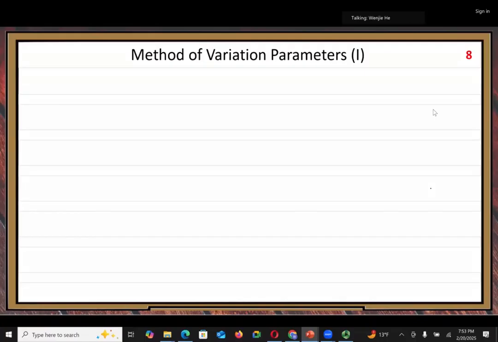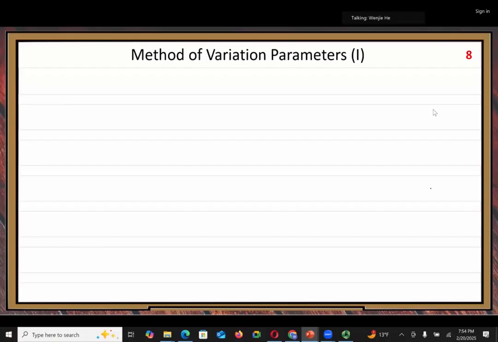If we connect to our previous method, that's undetermined coefficients, where we assume the coefficients are constant and determine those unknown constants.